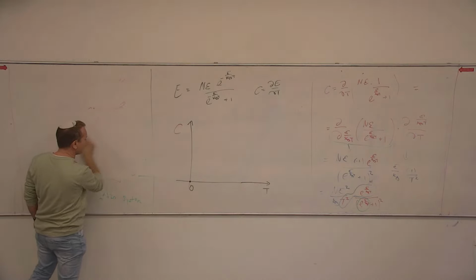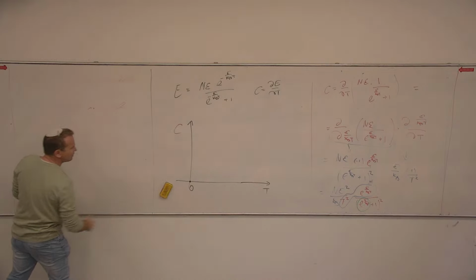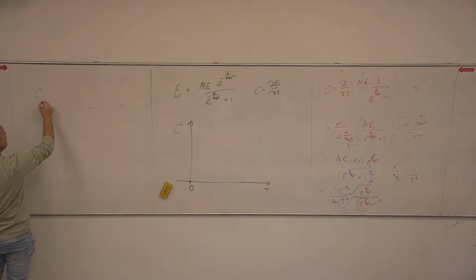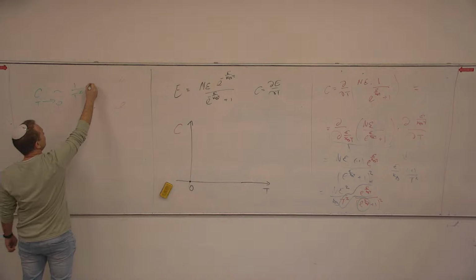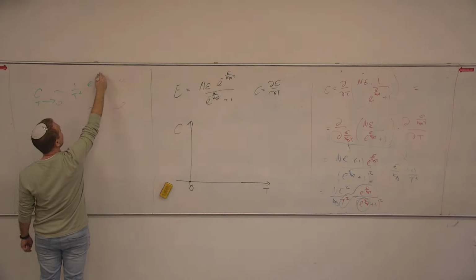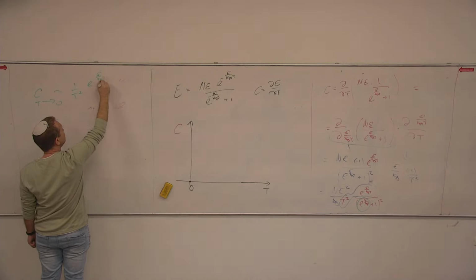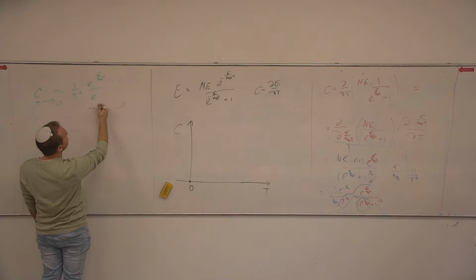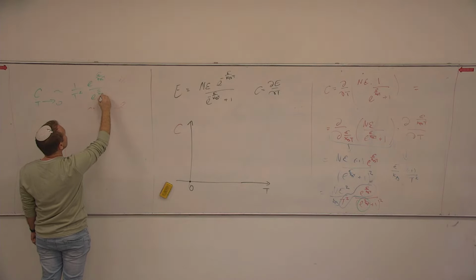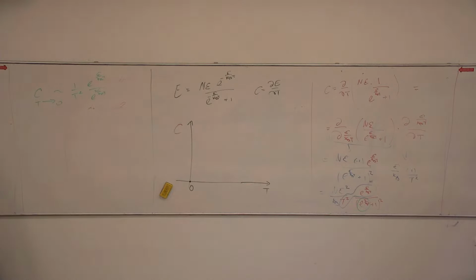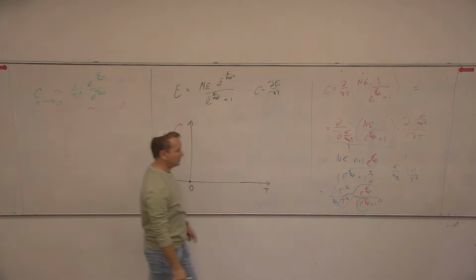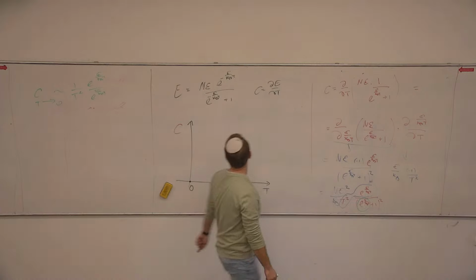forget about all the constants. The only thing that matters, so c, when t goes to 0, goes like 1 over t squared e to the power epsilon divided by k Boltzmann t divided by e to the power of epsilon divided by k Boltzmann t, and we have put a power 2 over here. Why? Because we have second power over here.